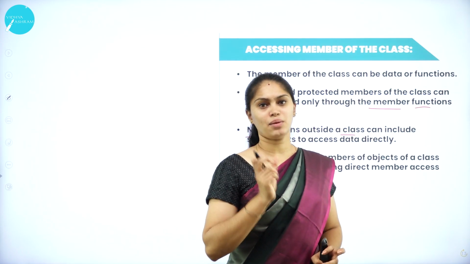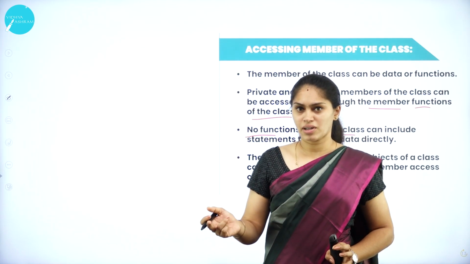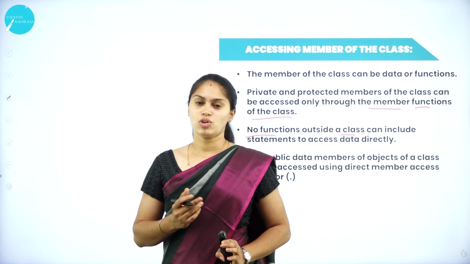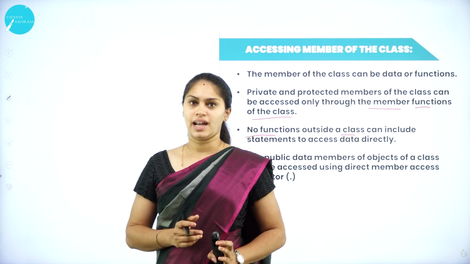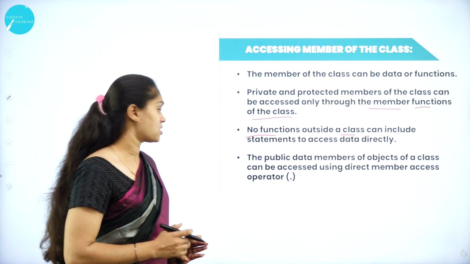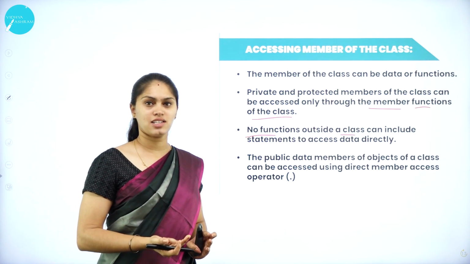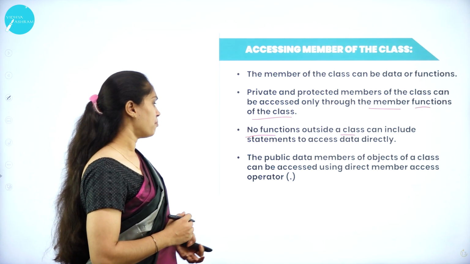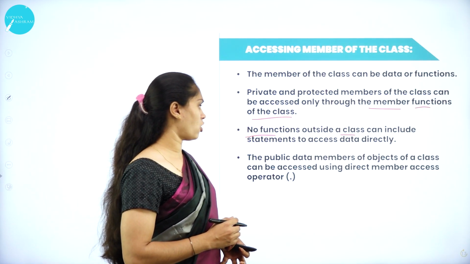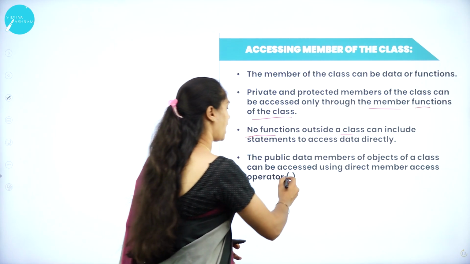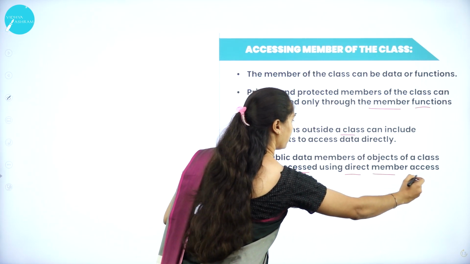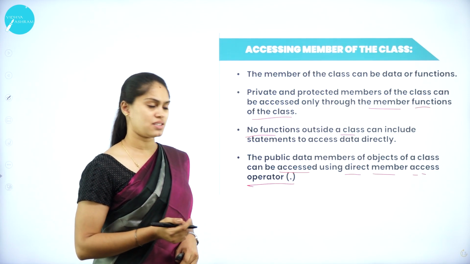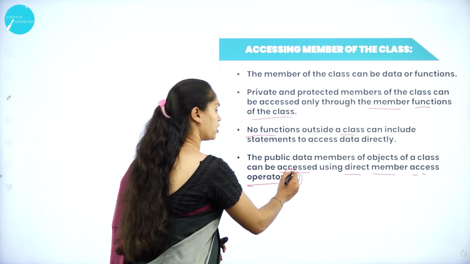If I declare it as private, then outside member functions or any functions outside of the class have no privilege to access the private data. So there is no direct data access to the private members of a class. But the public data members of an object of a class can be accessed by using the direct member access operator, that is the dot operator.